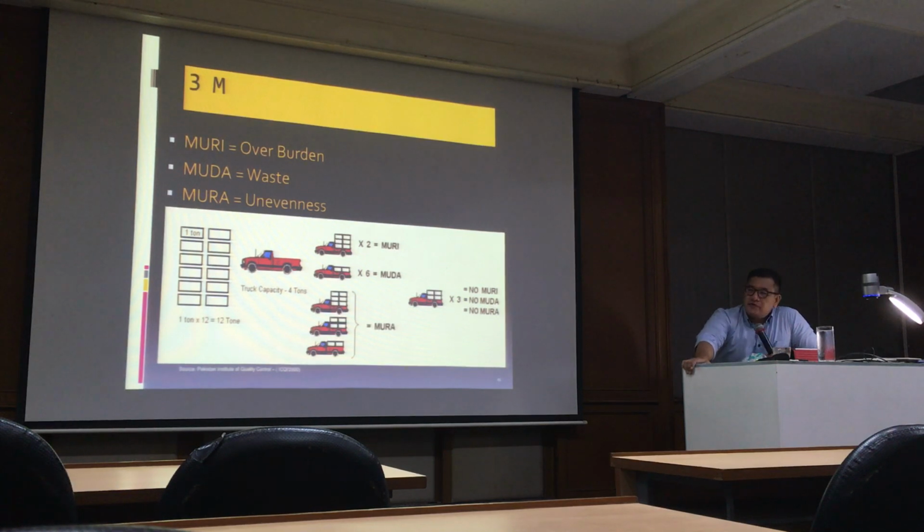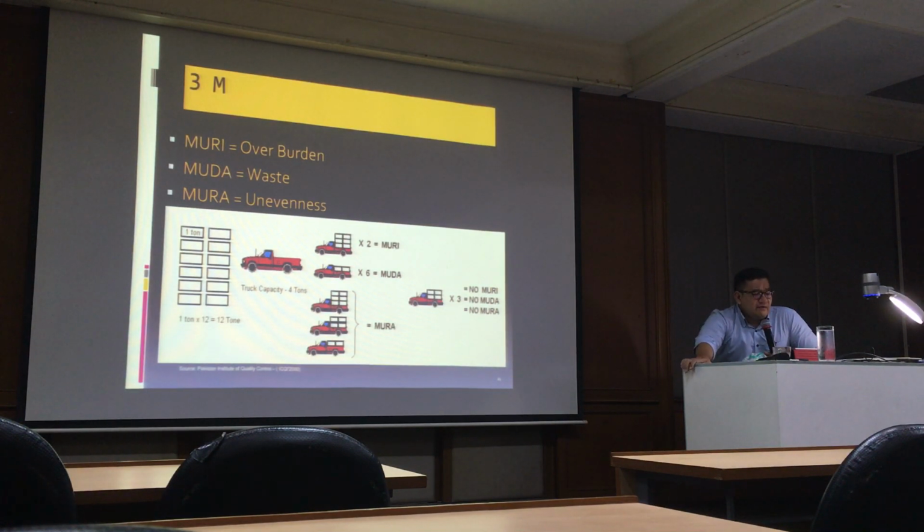So in order to explain these 3Ms more clearly, you can see the figure below. Let's say they have 12 boxes, and each box weighs about 1 ton, right? We have trucks with a capacity of 4 tons. If you deliver two rounds containing 6 tons each round, that is muri because it's overload.